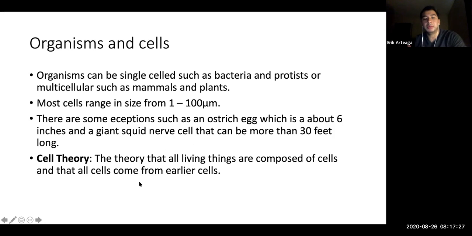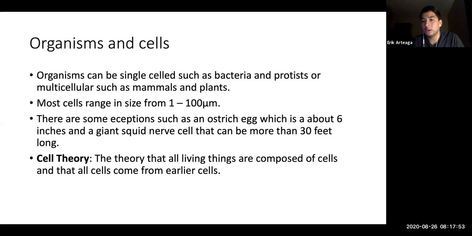So cell theory is the theory that all living things are composed of cells, and that all cells come from earlier cells, okay? So this is just referring to how life works, right? Cells come from cells, cells make up life, and all life comes from cells, right? So this is essentially referring to cells as the smallest entity of life, okay?